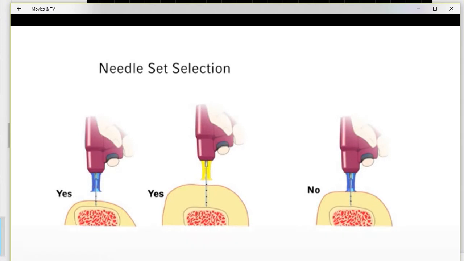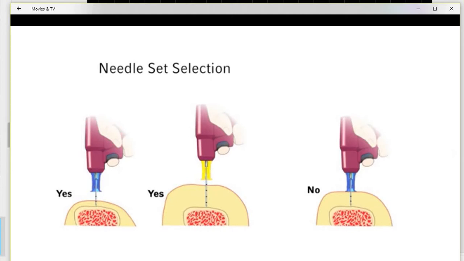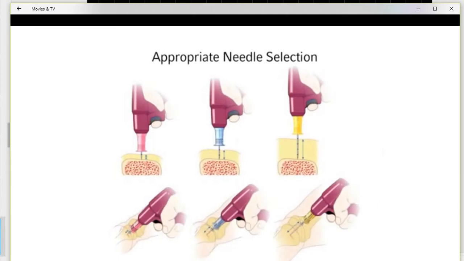Using a needle set that is too short will increase the risk of catheter dislodgement, leading to extravasation, create a hole in the bone unnecessarily, and render the site unusable for future IO access for a minimum of 48 hours. Appropriate needle selection is evidenced by the black 5 mm mark visible above the skin when the tip of the needle set is touching the bone prior to drilling.